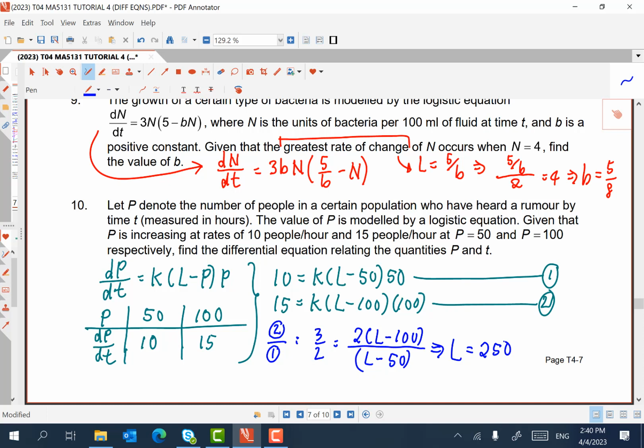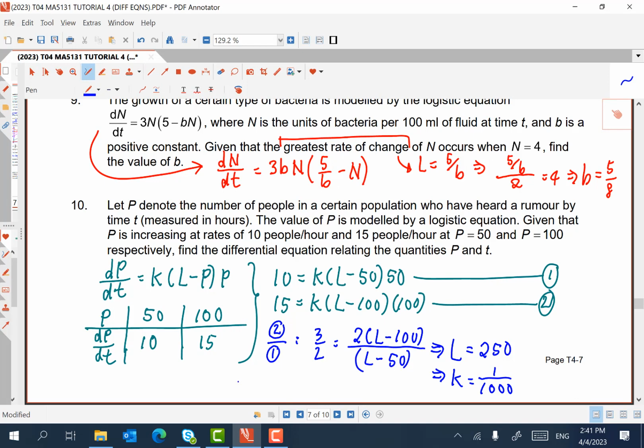If L is 250, then 250 minus 100 gives 150, and 250 minus 50 is 200, and 300 over 200, I think it's right. L is 250, then you can get that k is equal to 1 over 1000. Check my calculation, you know. Am I right?